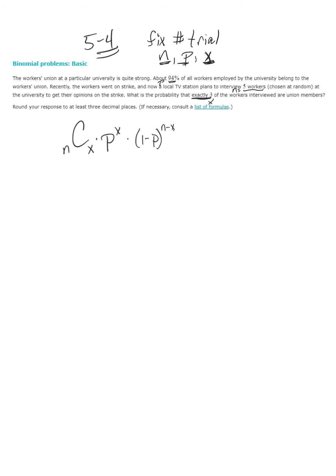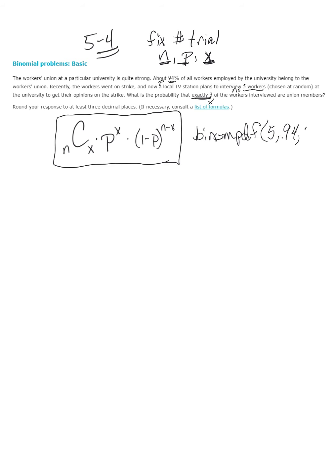So you could use our formula here. This is the formula that generates your probability for this situation. But we talked about it using your calculator as well, where you would use binom PDF. Since you're looking for exactly 3, type in 5, .94 and then 3, and it would pop out your answer.